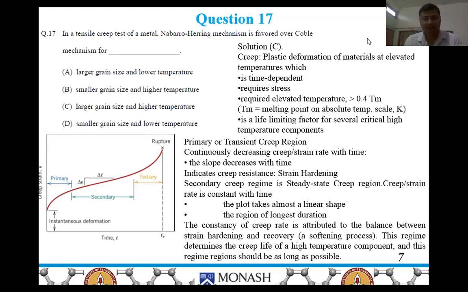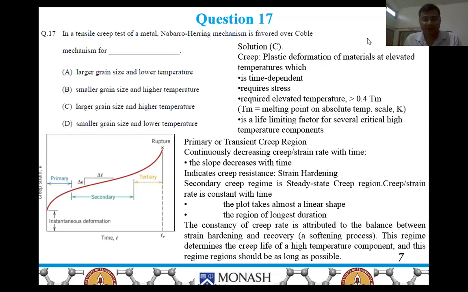Creep is plastic deformation of materials at elevated temperatures, which is time dependent and requires stress and an elevated temperature greater than 0.4 times the melting point on the absolute temperature scale. It is a life limiting factor for several critical high temperature components.